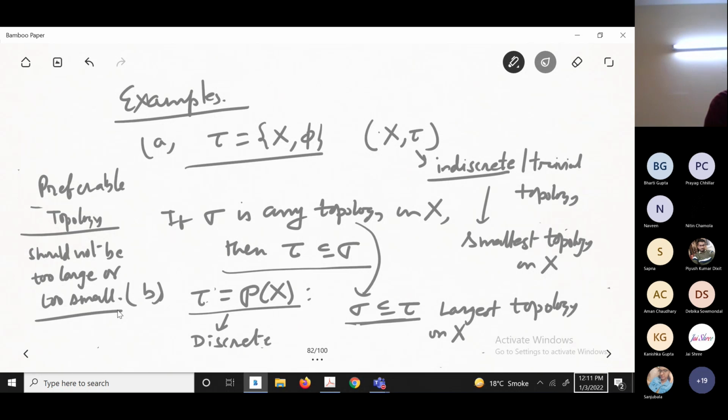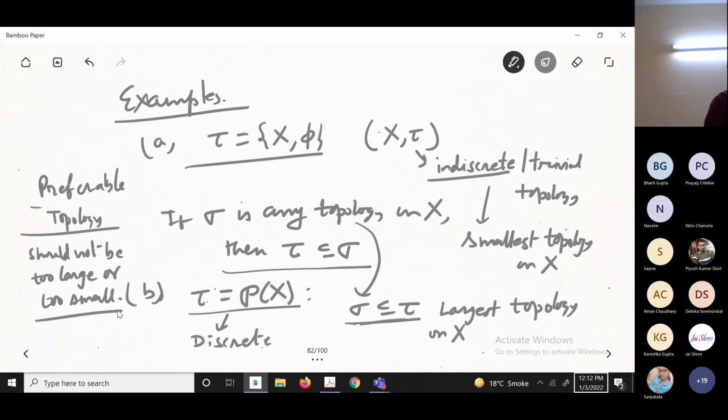Because topology is particularly related to functions, continuous functions. Our choice of topology should be in such a way that not all functions are continuous. On the other hand, reasonably nice functions should be continuous.